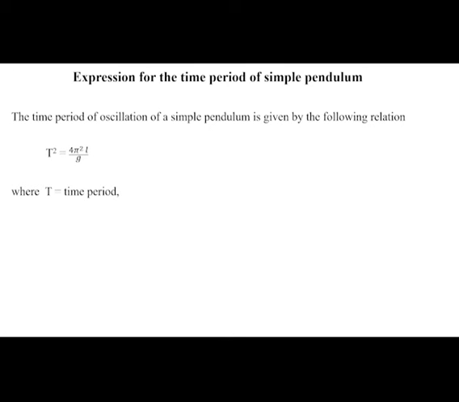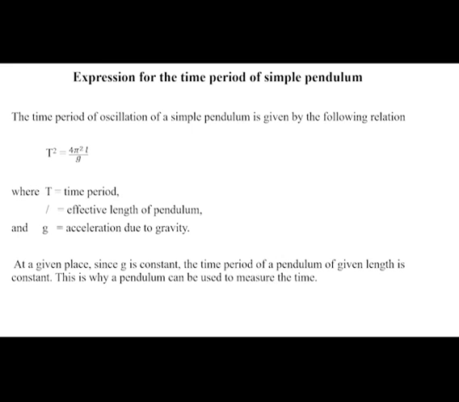This is the standard form, where T is the time period and L is the effective length of the pendulum and g is the acceleration due to gravity. At a given place, since g is a constant, the time period of the simple pendulum of a given length is constant. This is why pendulum can be used to measure the time.